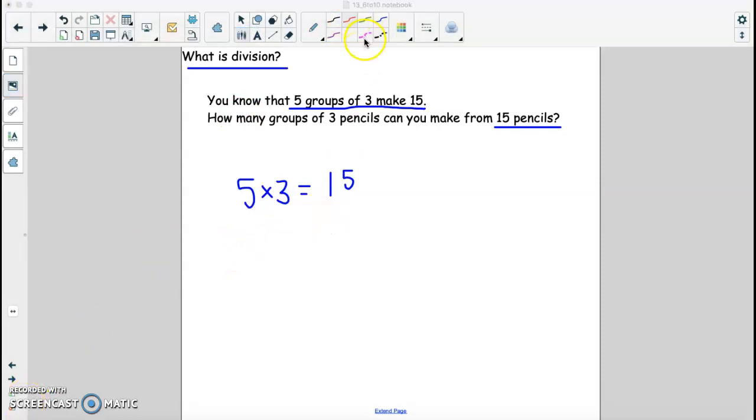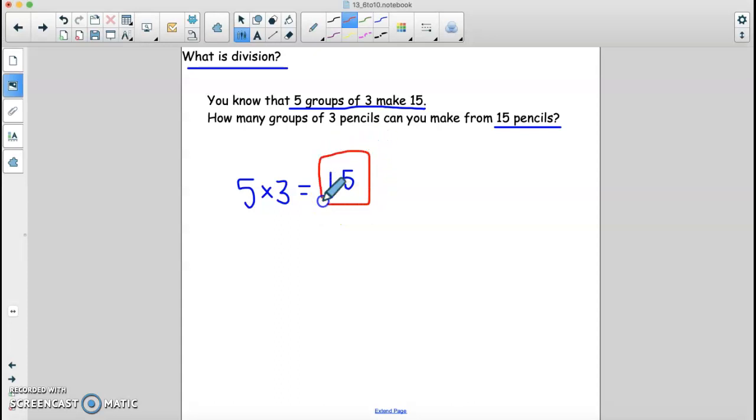If you remember, the 15 is the total at the end, and that is the beginning of the multiplication because that's how many you have in all to divvy out and divide into different groups. So 15 has to go at the beginning of your sentence in division.